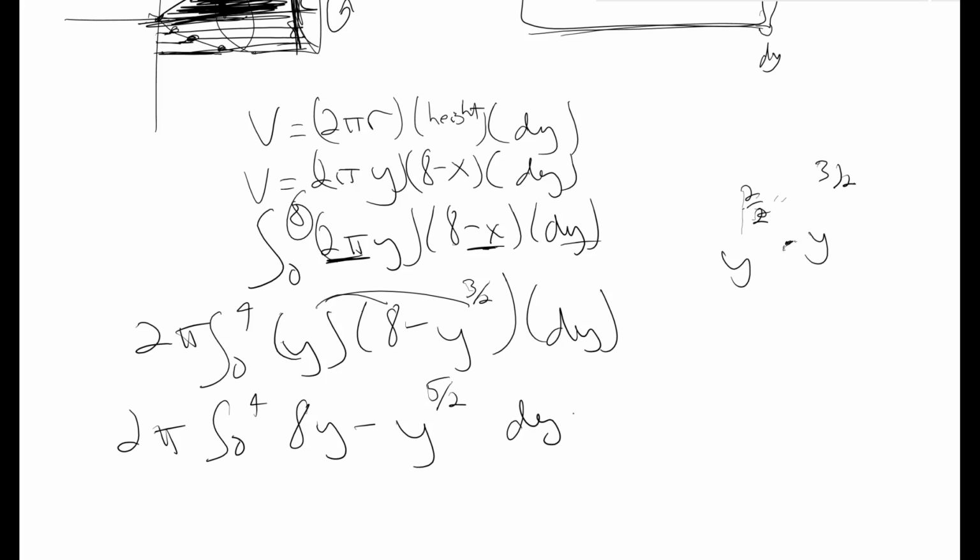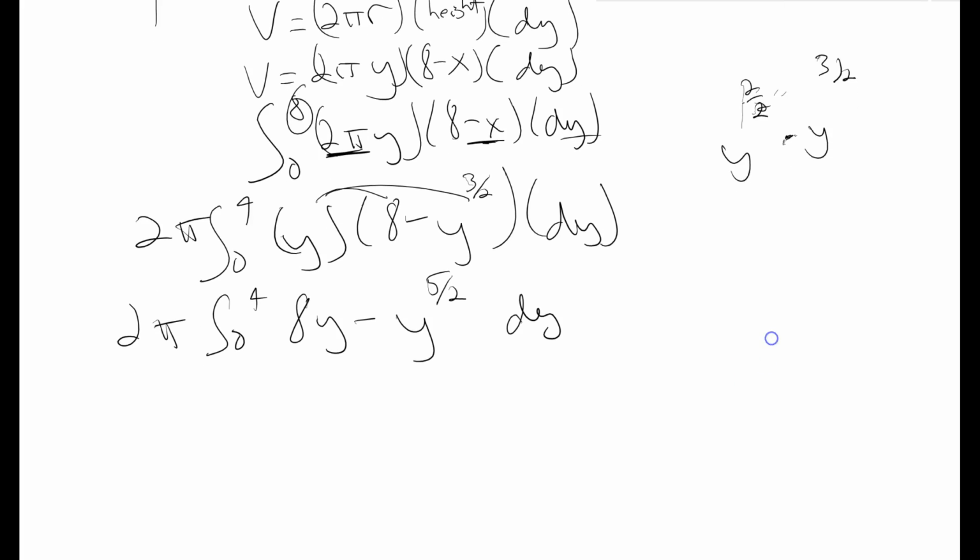All right, there's our integration. Let's use the fundamental theorem of calculus. And we got 2 pi. This is going to become, what, 4y squared? Is that right? 4y squared. Check that real quick. 2 times 4 is 8. And yep, good. Minus, okay, and this is going to go up to y to the 7 halves.